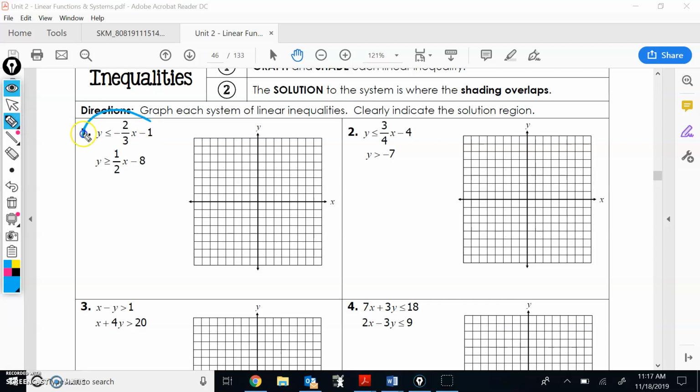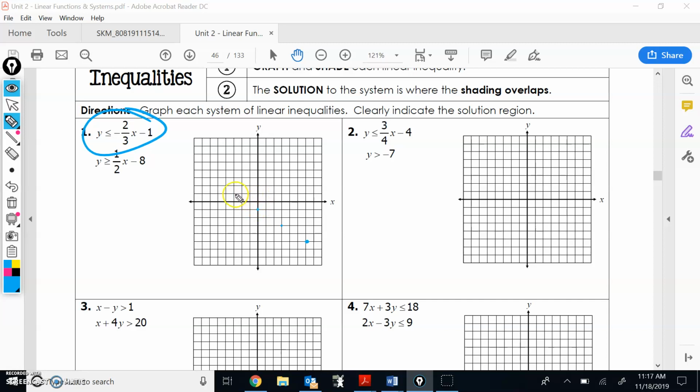So number one, in blue, the y-intercept's -1, and make sure that your equations are in slope-intercept form prior to graphing them. In number one, they both are. So the slope is down 2 over 3, down 2 over 3.